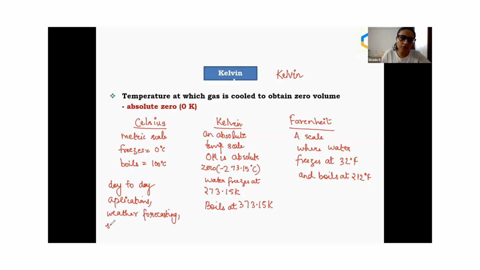And also in scientific research, because it is a common scale. And then in the Kelvin, you can write engineering applications, like in the laboratories or physical lab, even use this Kelvin scale.